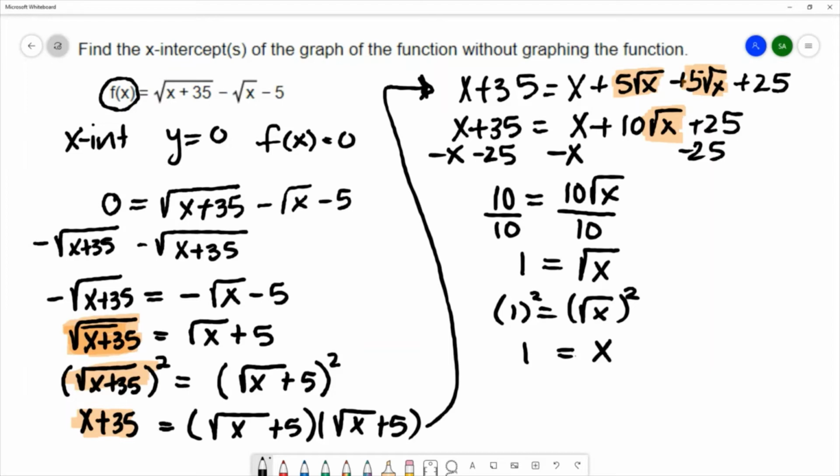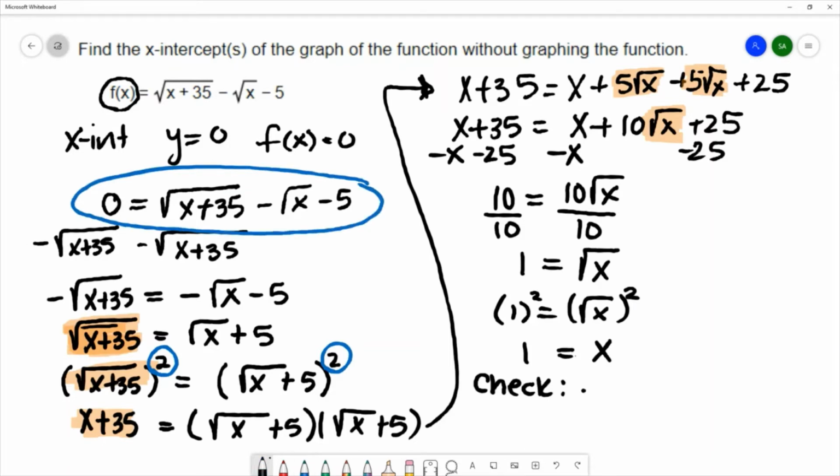We still have one more thing to do here because with radical equations, whenever you square both sides, it's possible to create what are called extraneous solutions. So we need to check to make sure that this works in the original problem. So we're going to check to see if this statement is true right here.